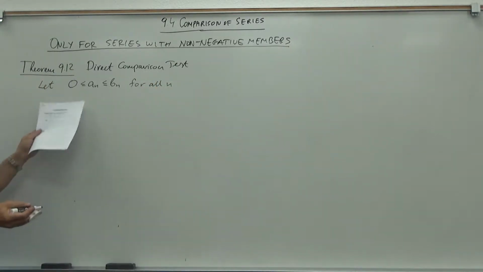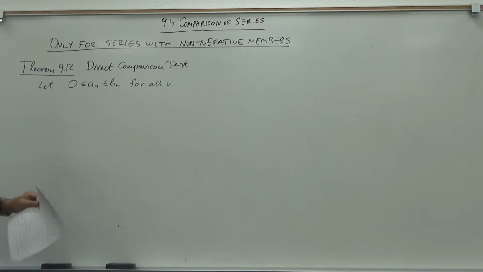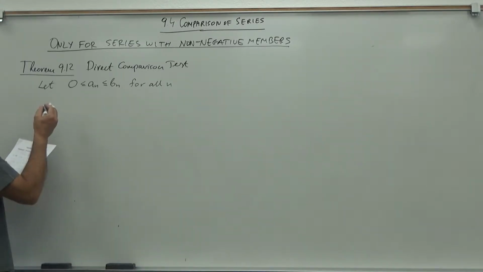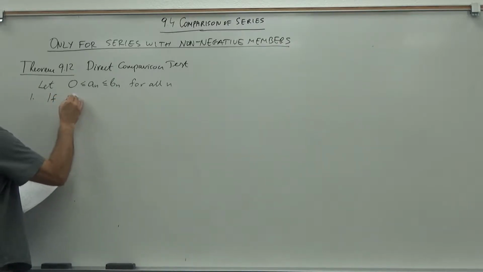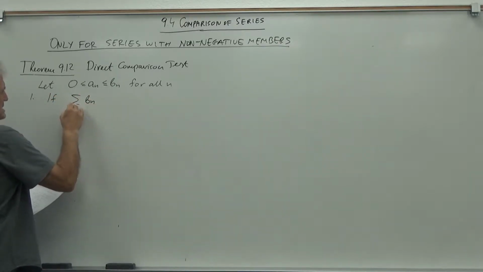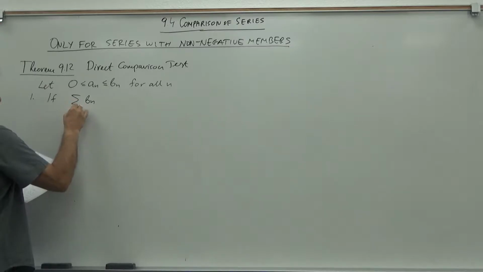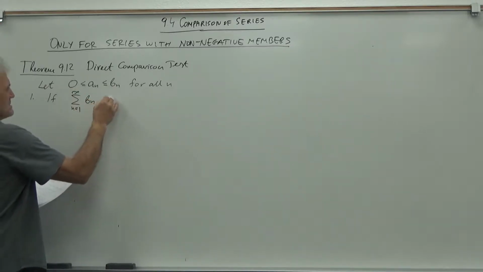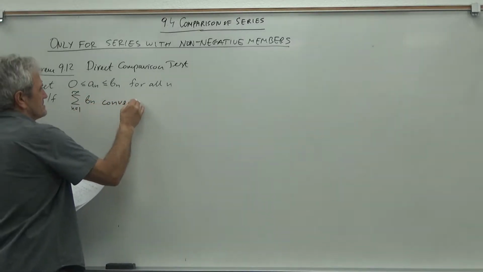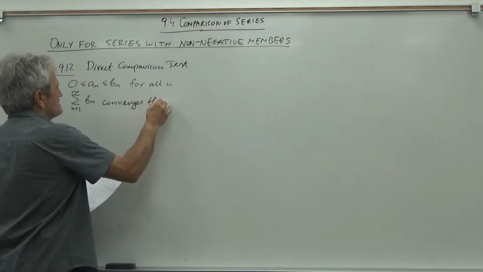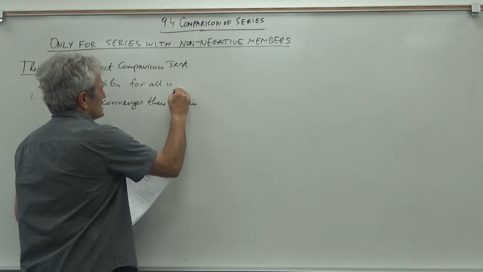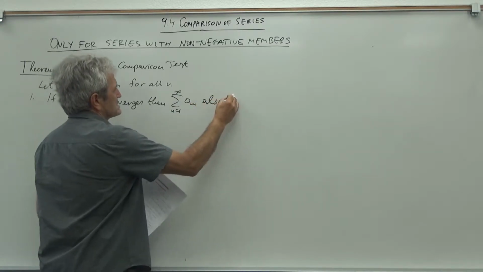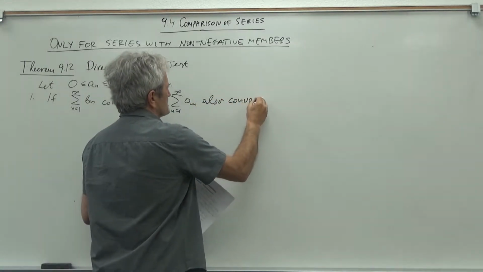Actually, it's enough after a while. Then number 1, if the sum of b_n, n goes 1 to infinity, converges, then the sum of a_n, n goes 1 to infinity, also converges.